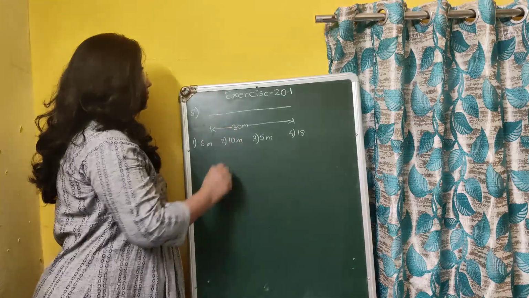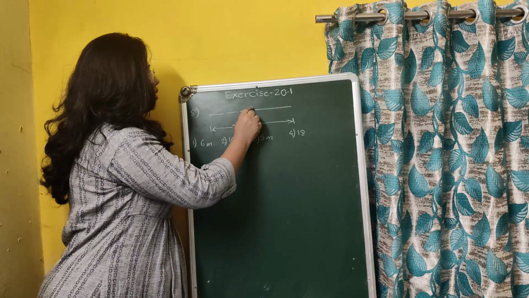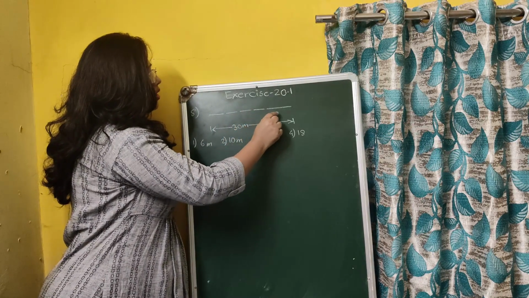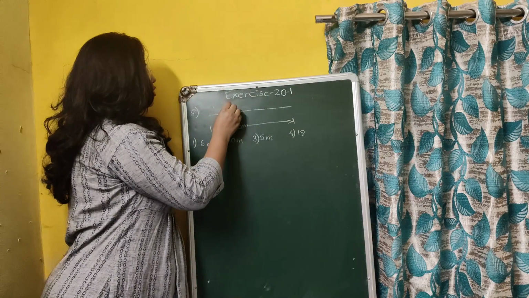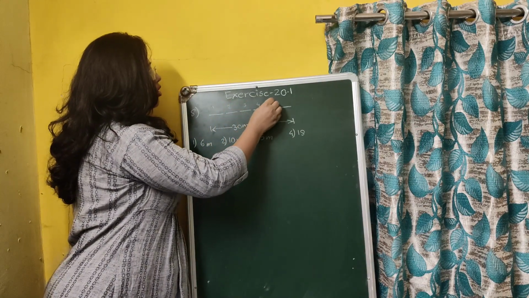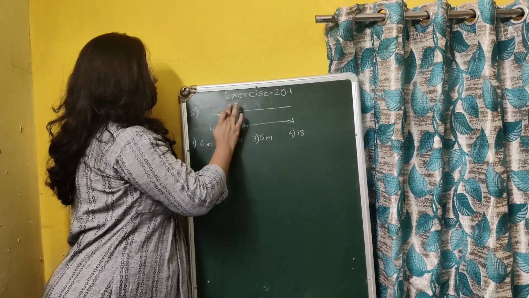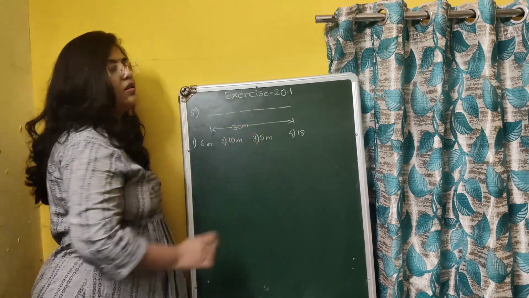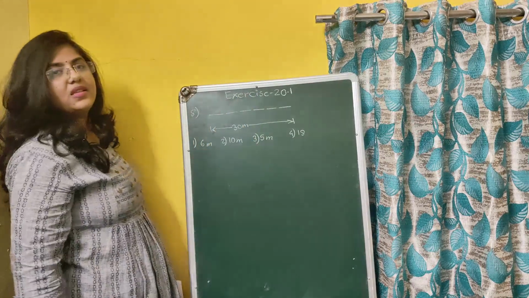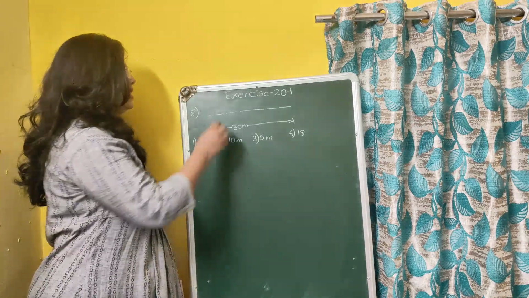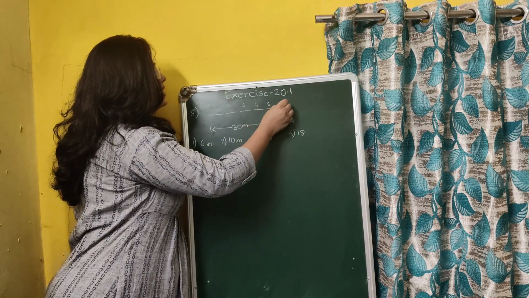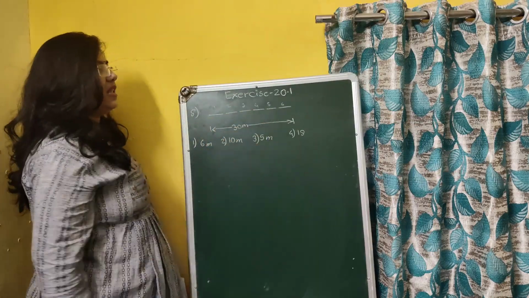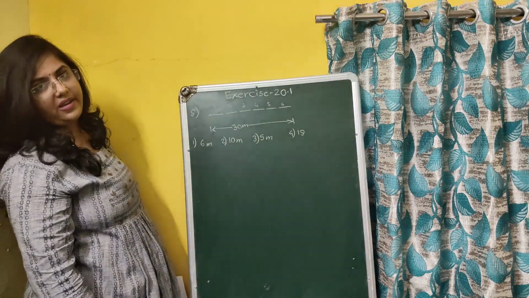Now 1, 2, 3, 4 और 5 हो गए 5 cuts. So just see how many pieces now. 1, 2, 3, 4, 5 and 6.